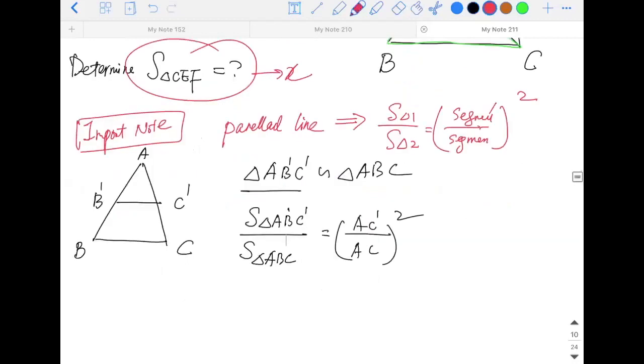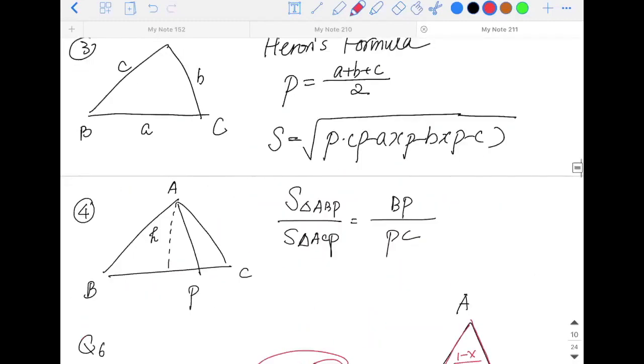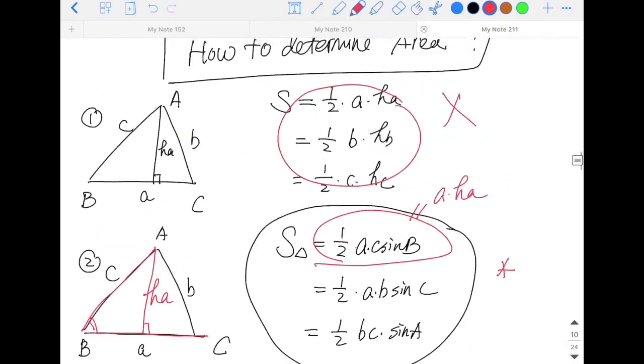Because for triangle A B prime C prime, if I want to determine the area, it's 1/2 times AB prime times AC prime times sine A. Is it right? This is what we introduced here.